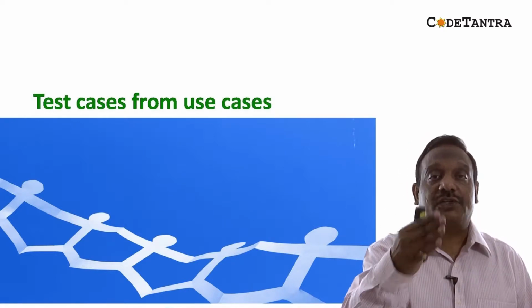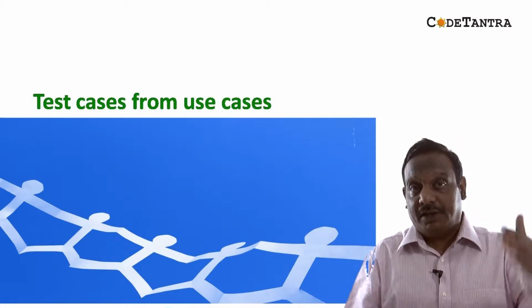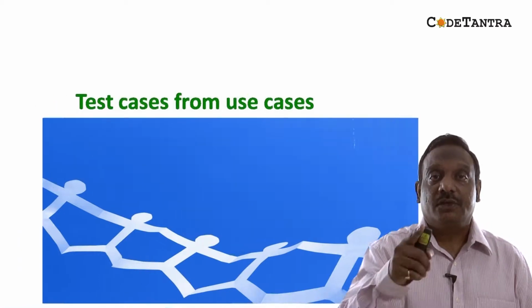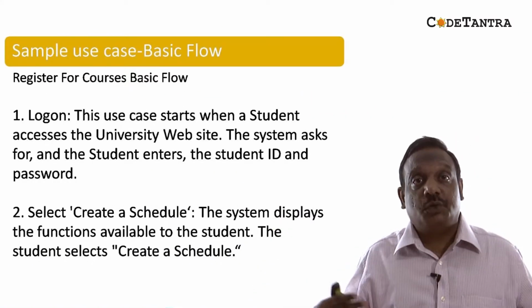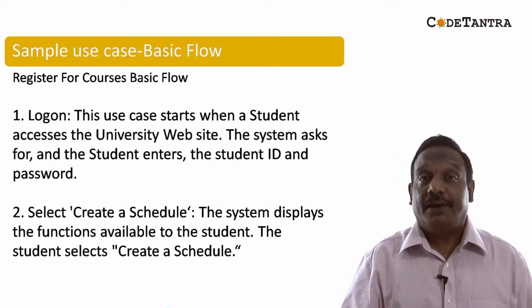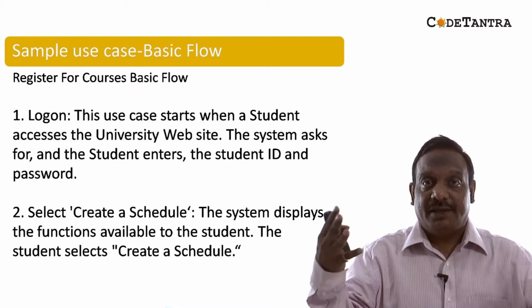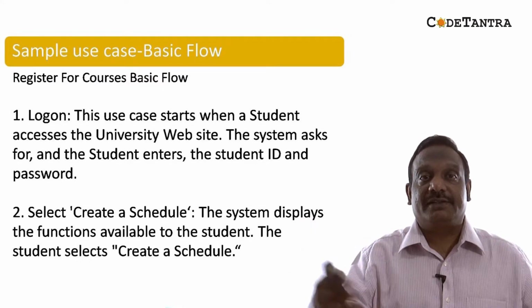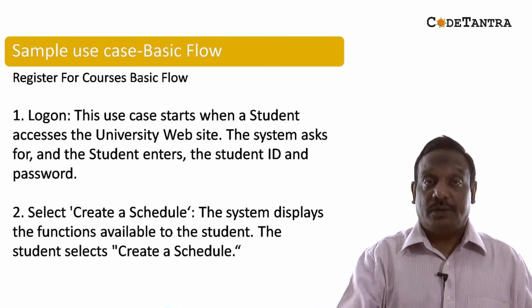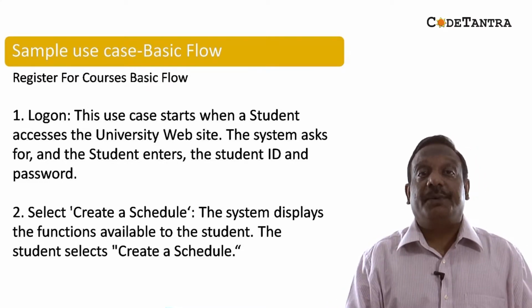So there are 4 steps involved in that, but before that, we have to understand a use case. So here, let's say there is a university system where a student can register for courses. That is the kind of use case of a university system we are using. So let's say first step is Logon.